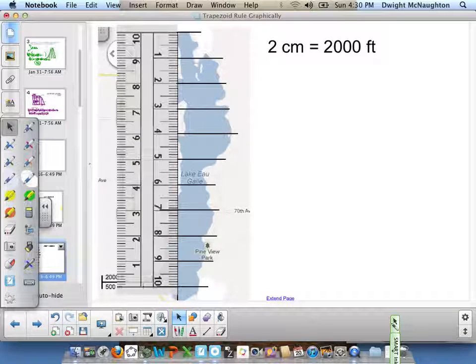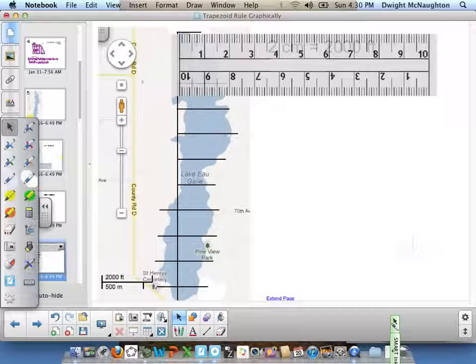And now you can see each trapezoid is 1 centimeter, which ends up being 1,000 feet. I need to now find the heights of each of those trapezoids, or the way I have it, the base. All right? The first trapezoid, and be very careful here how you look at your trapezoids, is 400 feet, or 0.4 centimeters.